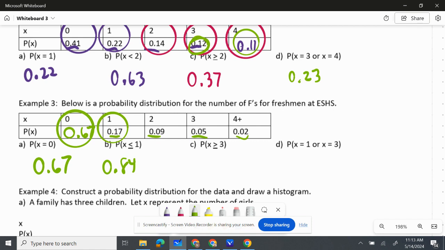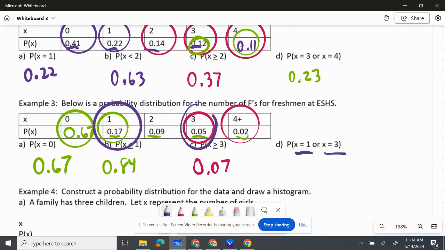And then what we have is greater than or equal to 3. So equal to 3 and greater than 3. So that would be 0.07. And then what we have is 1 or 3. So the probability of 1 or the probability of 3. And so when we add that up, we get 0.22.